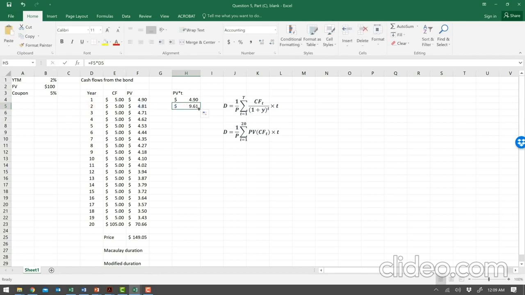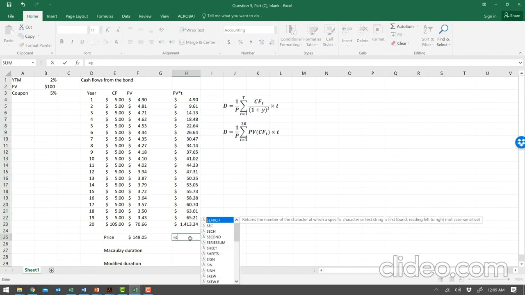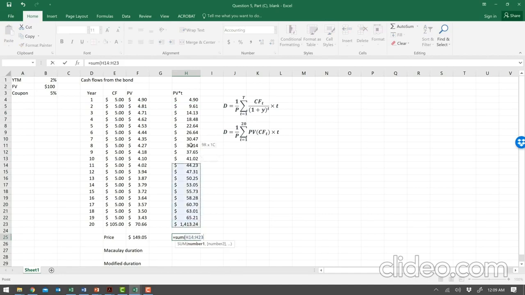I will do it for each of the payments, and now I will add them all up, and this will be the sum that we get in the duration expression. Now by definition, all we have to do to compute the Macaulay duration is take the sum that I just computed and divide it by the price of the bond.